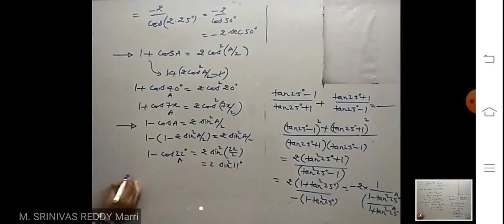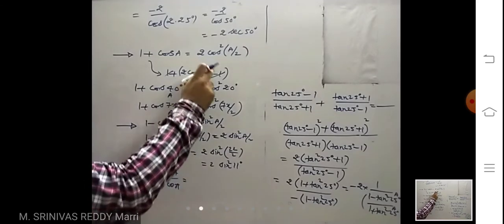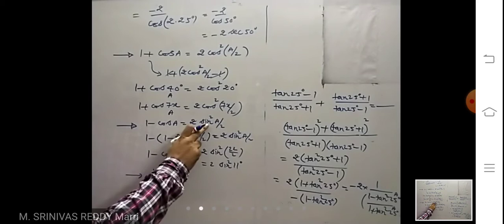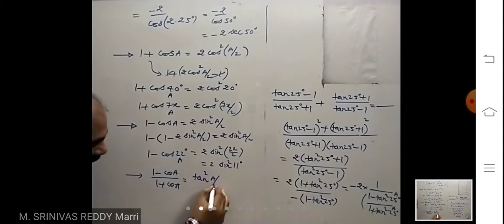So similarly, 1 minus cos a divided by 1 plus cos a is nothing but 2 sine square a by 2 divided by 2 cos square a by 2. That means tan square a by 2.